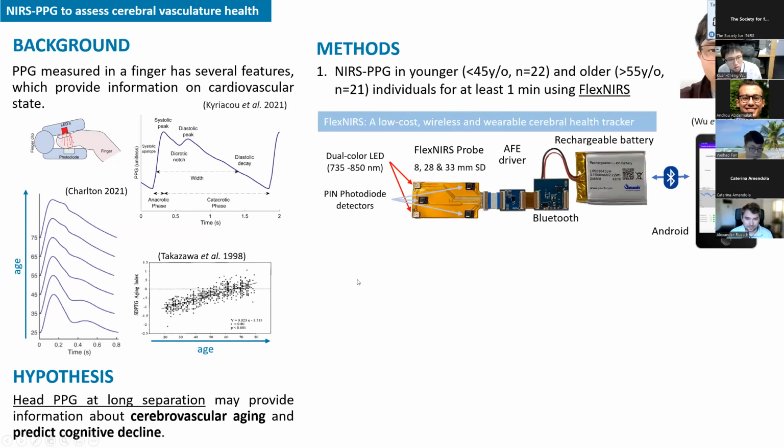So what we did is use an fNIRS device that we made in our lab to measure on a larger population, including both the younger and older population, on the forehead.